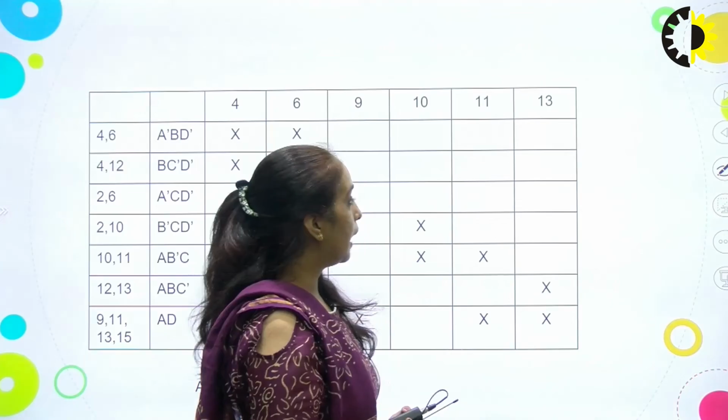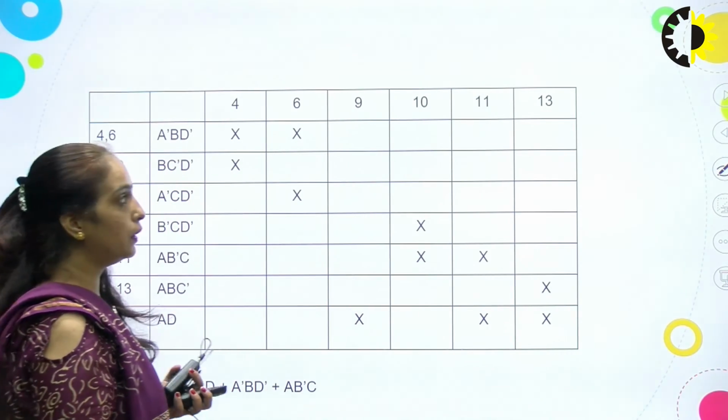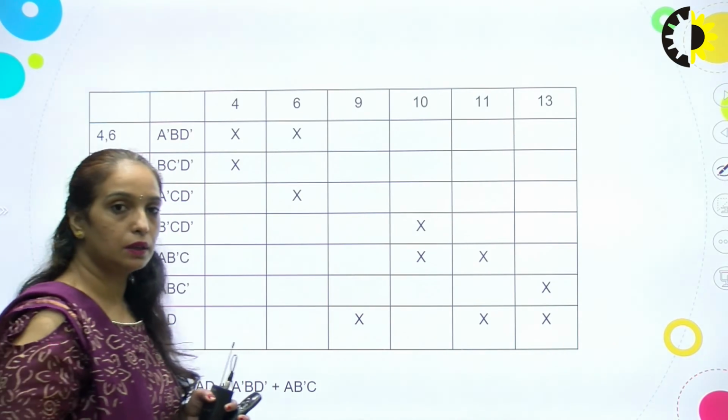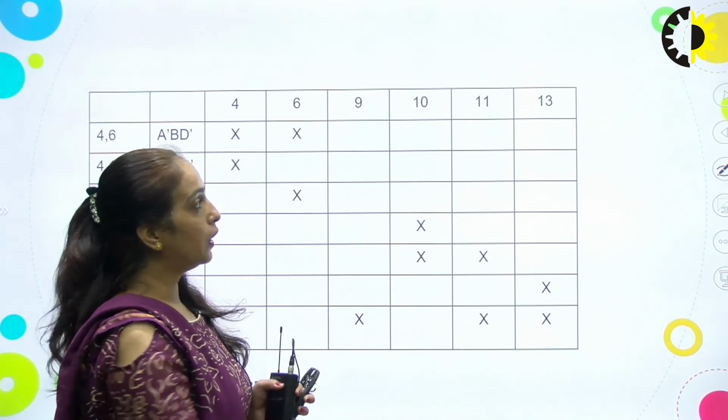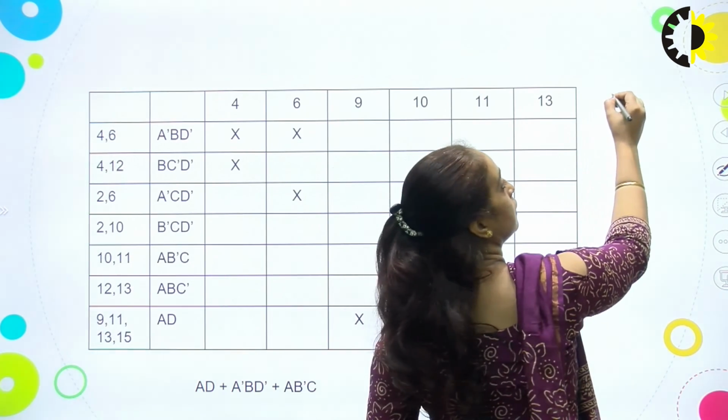And lastly, in the prime implicant table, you just need to remember one thing: we are not going to include the don't cares here.